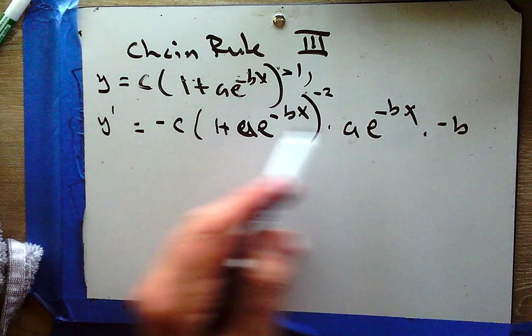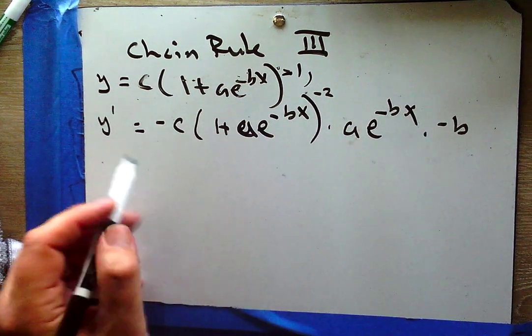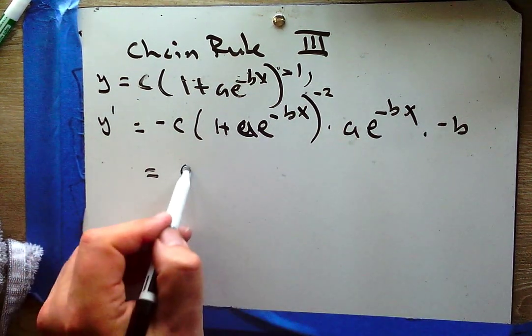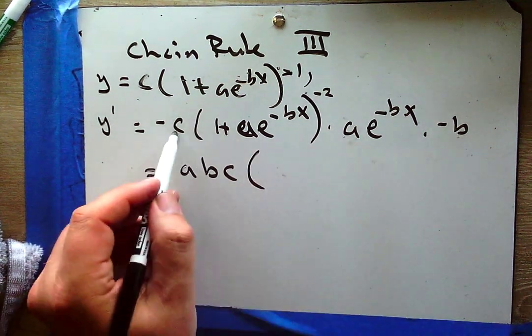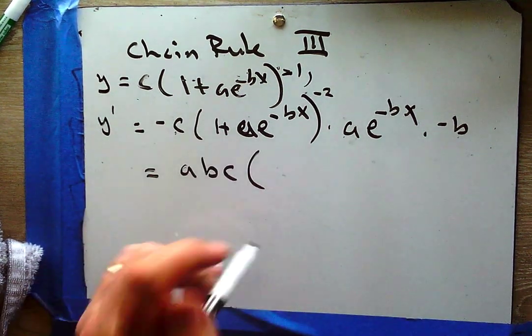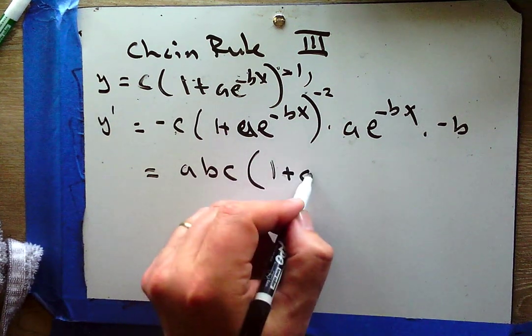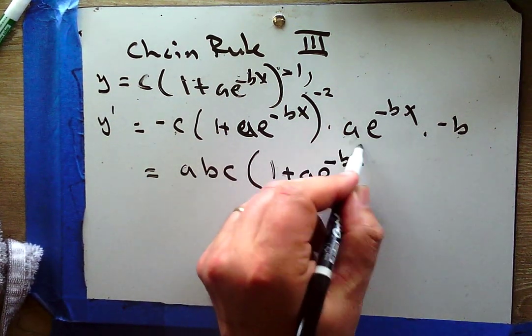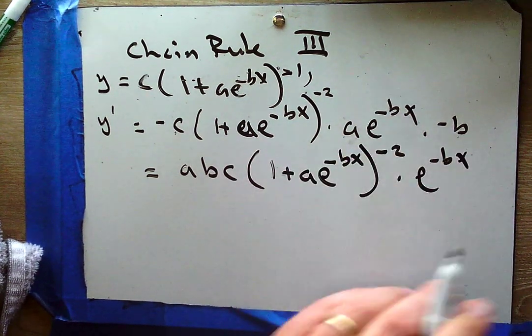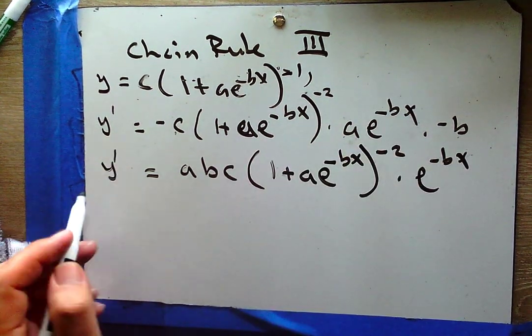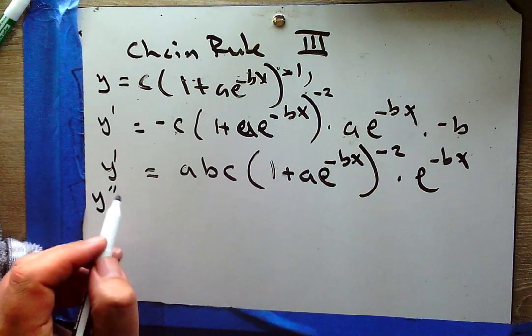So all of these things are multiplied together. Minus times minus is plus. So I'm going to have a, b, c, negative is positive: (1 + a e^(-bx))^(-2) times e to the minus bx. Okay, there's y prime. Now, what about y double prime?